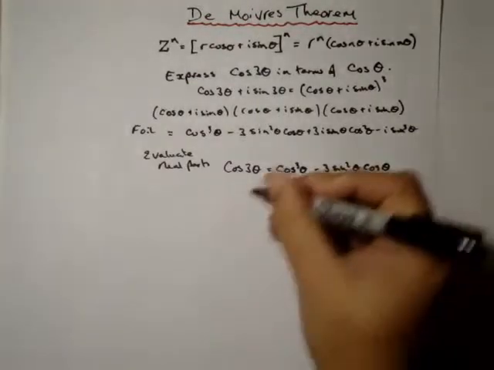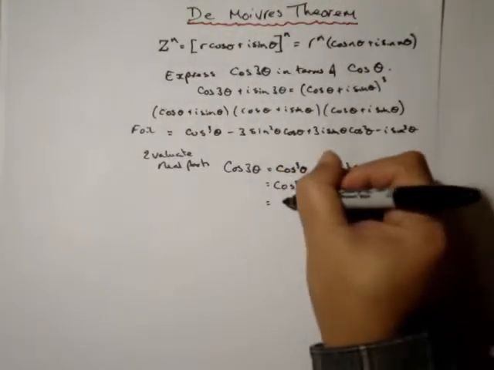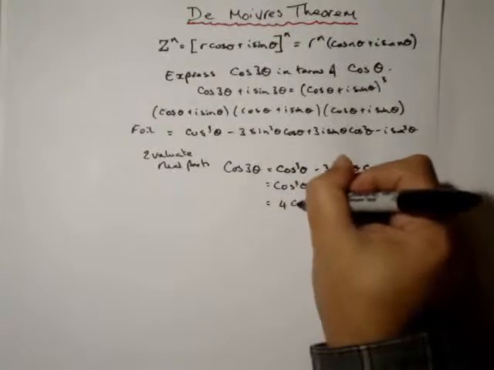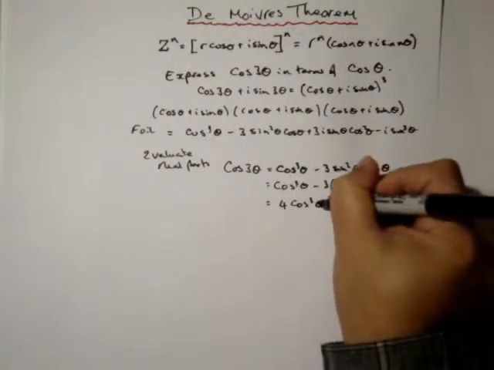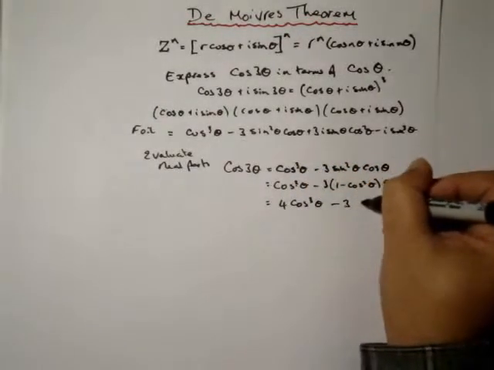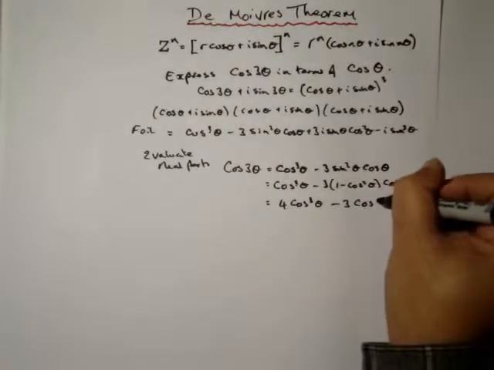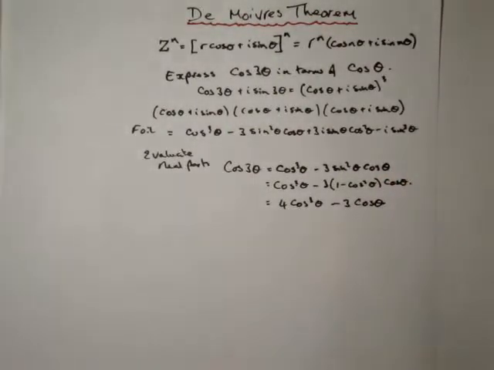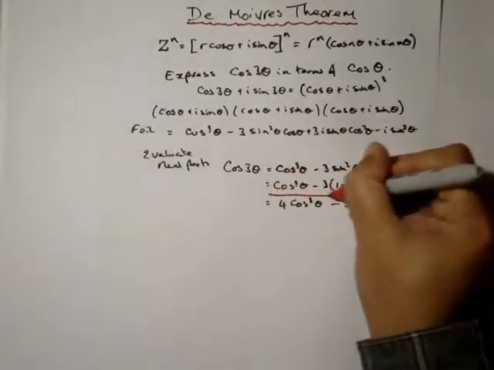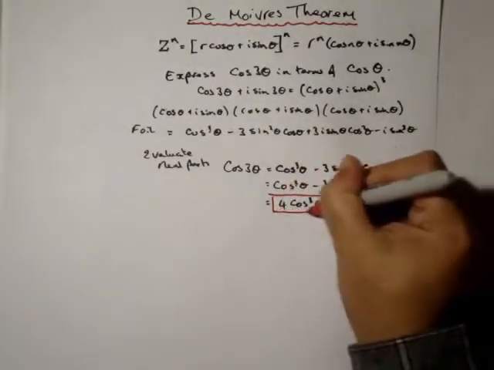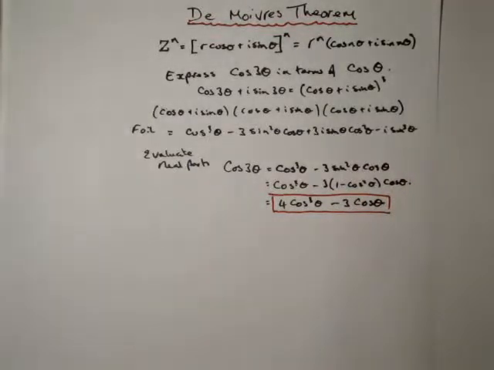When we multiply that out and add the like terms, we get 4 cos cubed theta minus 3 cos theta. And that is our answer. So we used De Moivre's theorem there.